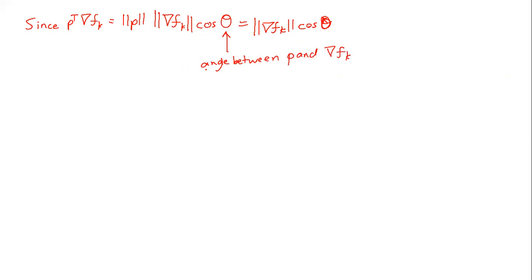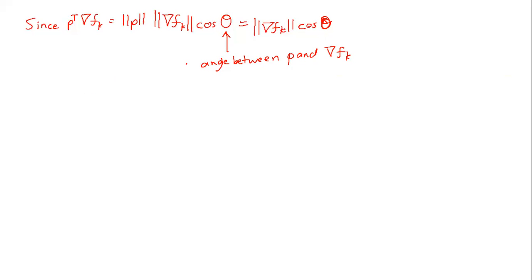Then, cos theta will be between -1 and 1, because that's the only values you can possibly get.